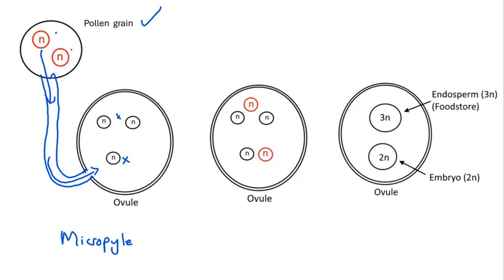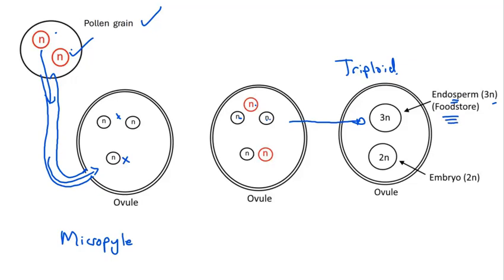One of those male nuclei will combine with two of the nuclei, and they're going to form a triploid, which is an unusual idea, a triploid structure called the endosperm. And these cells, which result from the mitosis of this triploid cell, will form the food store.